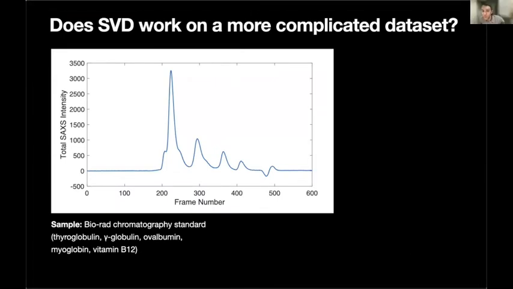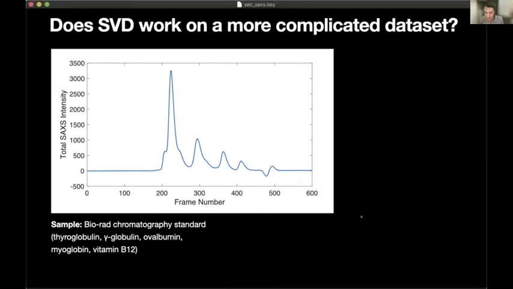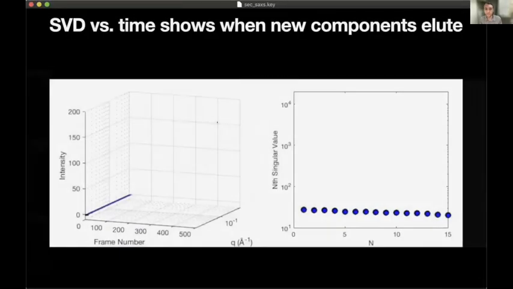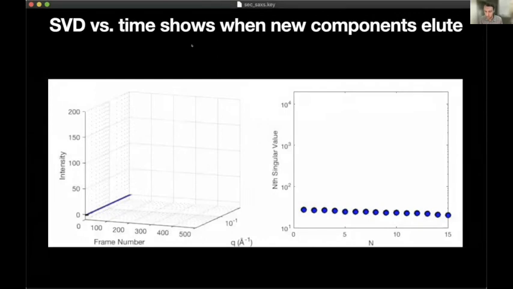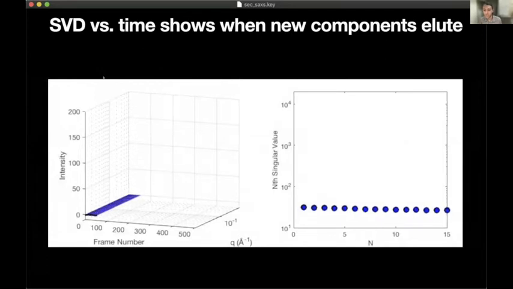Right. To motivate that, I'm going to show you a more complicated data set. I made this data just for the purposes of testing algorithms. I mixed a whole bunch of chromatography standards and ran them all on SEC-SAXS, so we got lots of peaks to work with. Now, what happens if we do SVD in real time as things are eluting from the column? That's what I'm showing here.